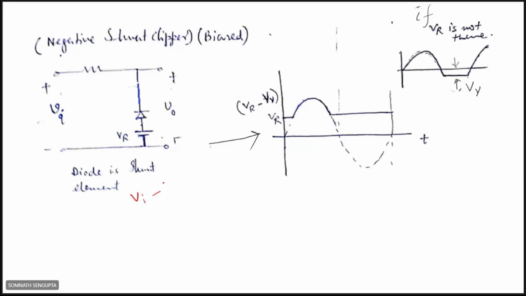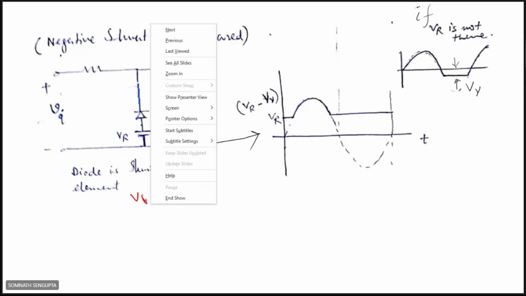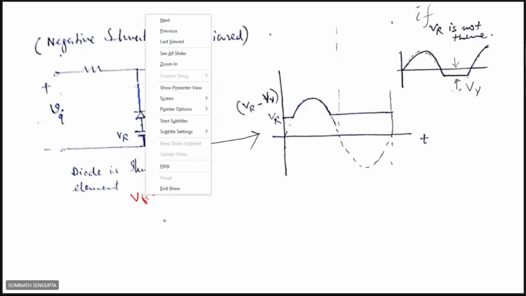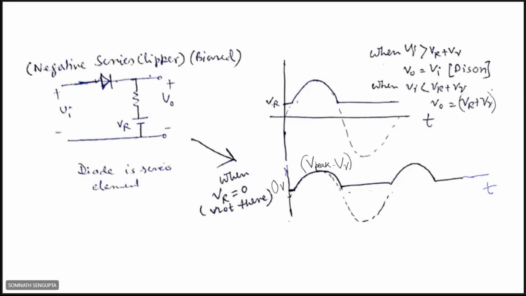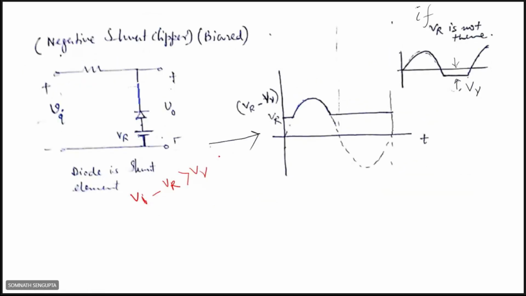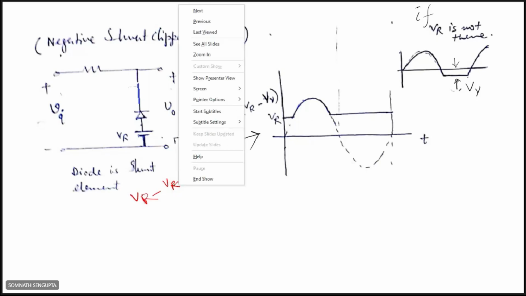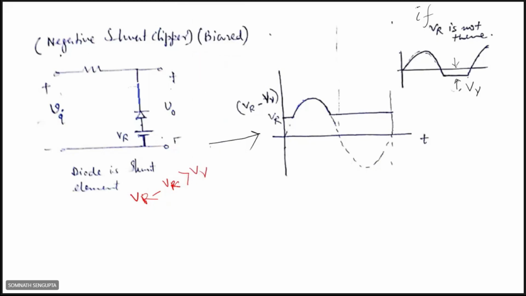Vi minus VR is greater than cut-in, this you are telling? No sir, VR minus VI. Okay, VR. Yes, that means this is VR, and this is VR minus VI, correct? VR minus VI.